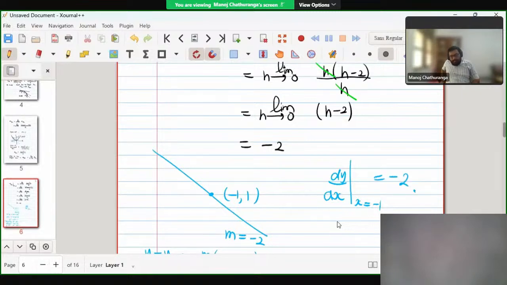So this is how we write it. This is the derivative of y equals x squared at x equals -1. This is how you read it.